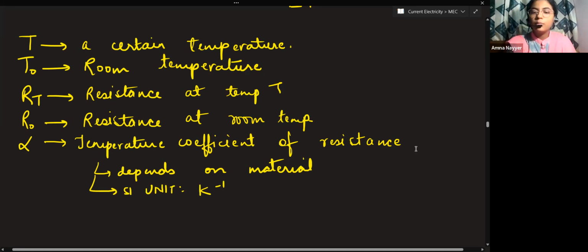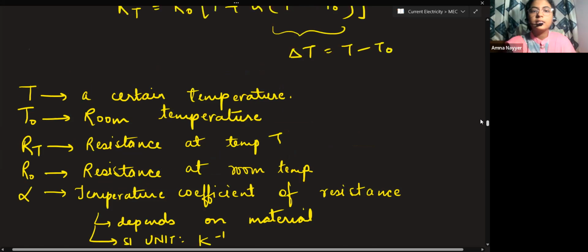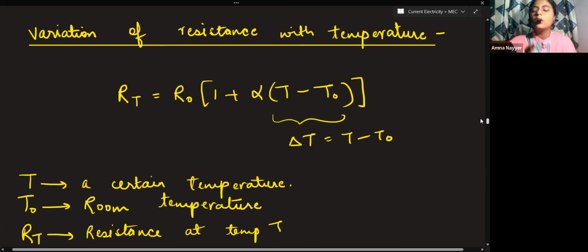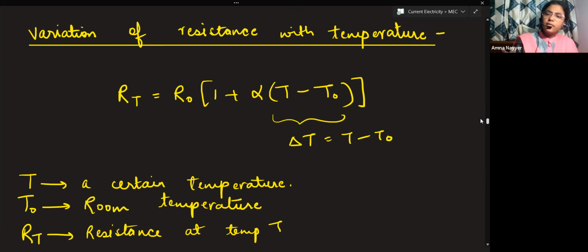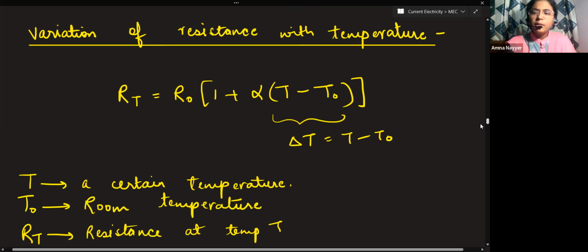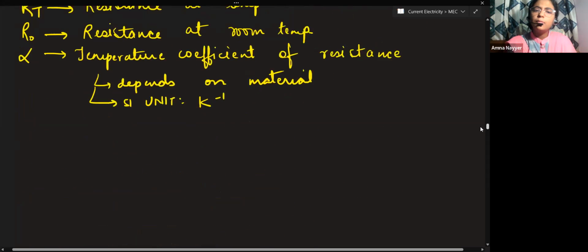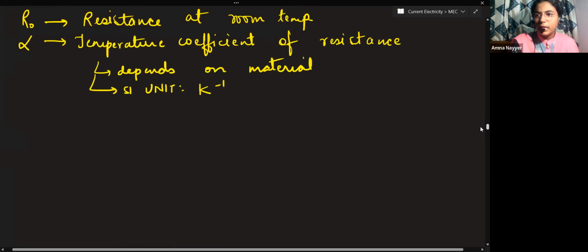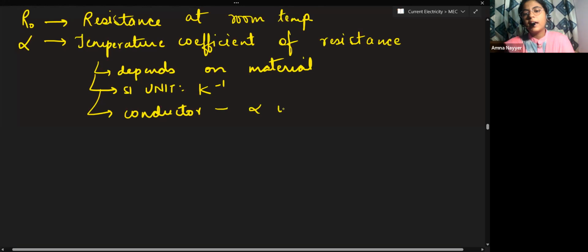So this is the formula that you have to remember. RT is equal to R naught (1 plus alpha (T minus T naught)). If the temperature difference is given to you, take it as delta T directly and multiply it with alpha. One more thing, with the help of alpha you can decide the material, or if you have the material you can decide the nature of alpha. If it's a conductor, then the value of alpha is positive.